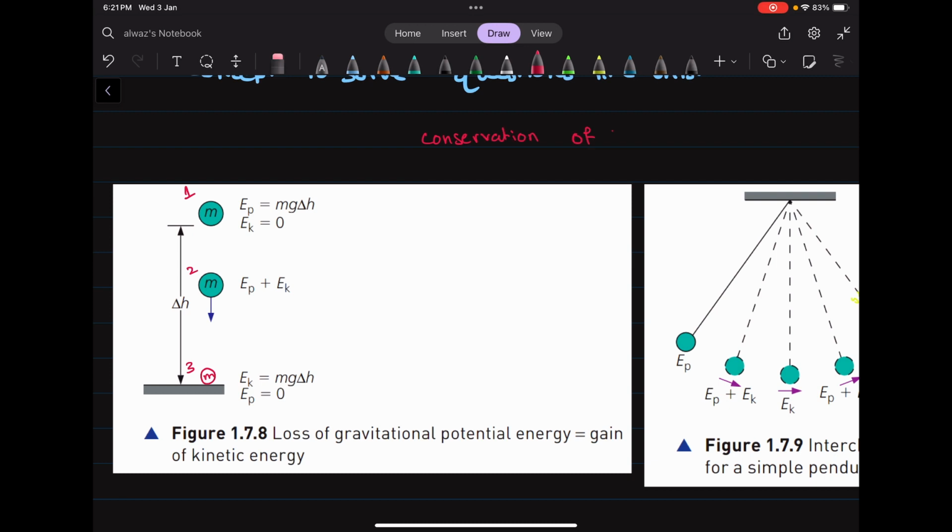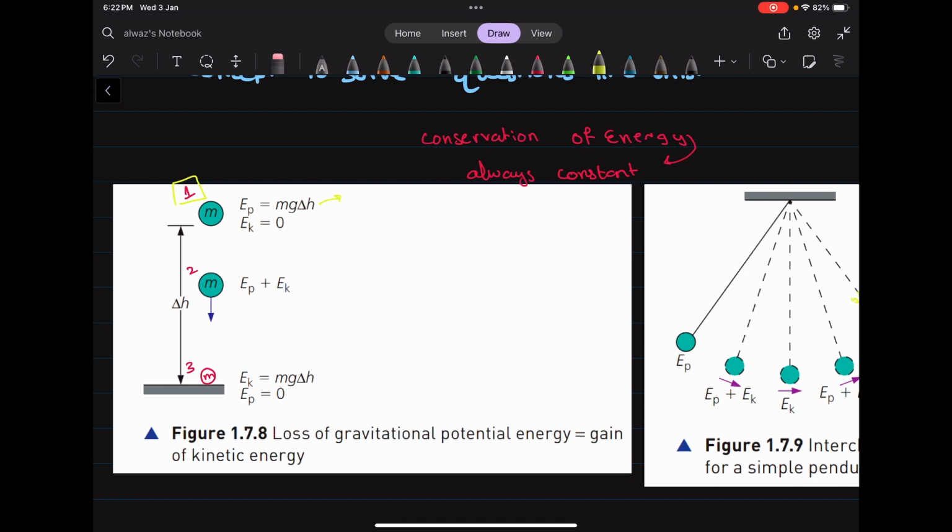Now remember, conservation of energy states that energy is always constant. So what that means is we can see here in our diagram on position 1 that our ball has gravitational potential energy of mg delta h, which we've gotten out of the formula mgh.